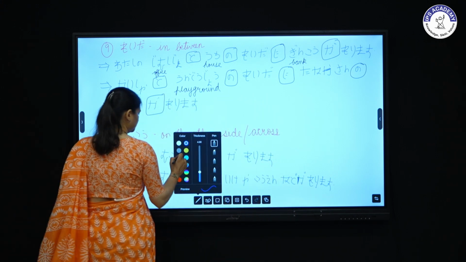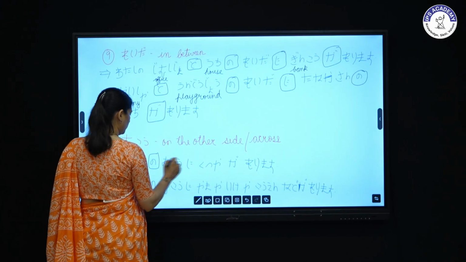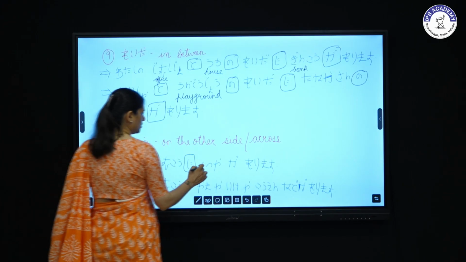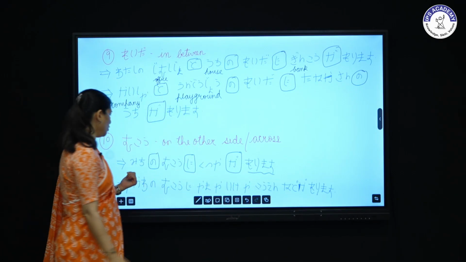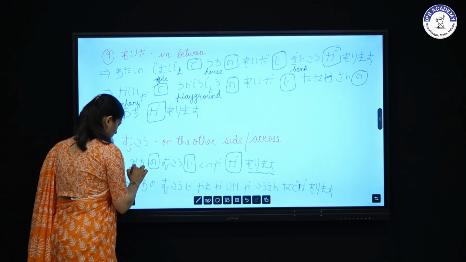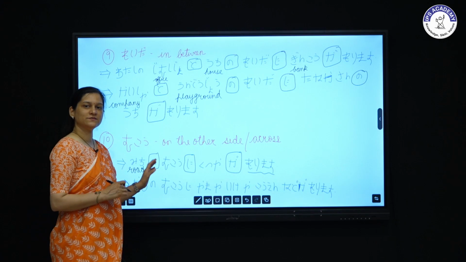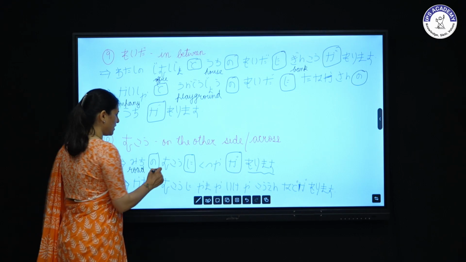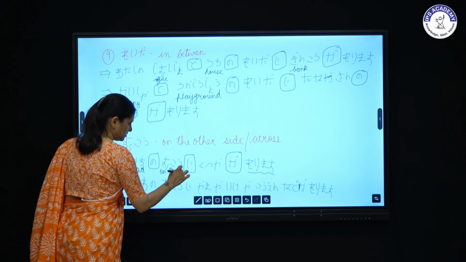Michi no mukou ni kutsuya ga arimasu. On the other side of the road, across the road. Michi is road. For that "of" we are using no particle. Across the road, on the other side, isn't it?